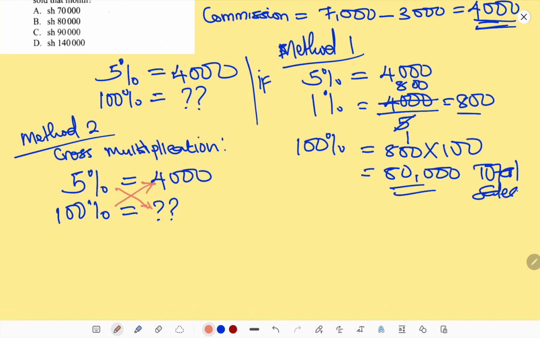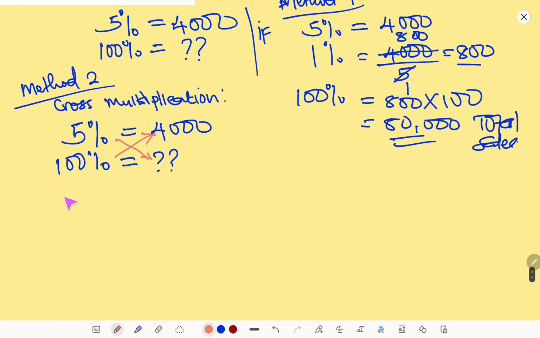And then the number that is across the one that we want to find out will become the denominator. That is very important. So in this case, 5 is right across the number that you want to find out. So it will be the denominator. So it will be 100 multiplied by 4,000, and then you divide by 5.